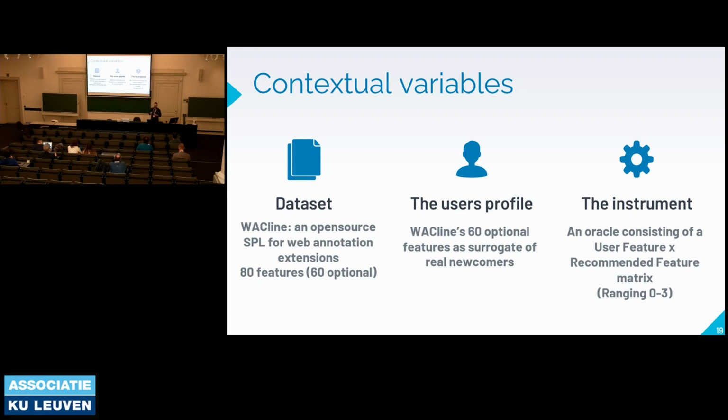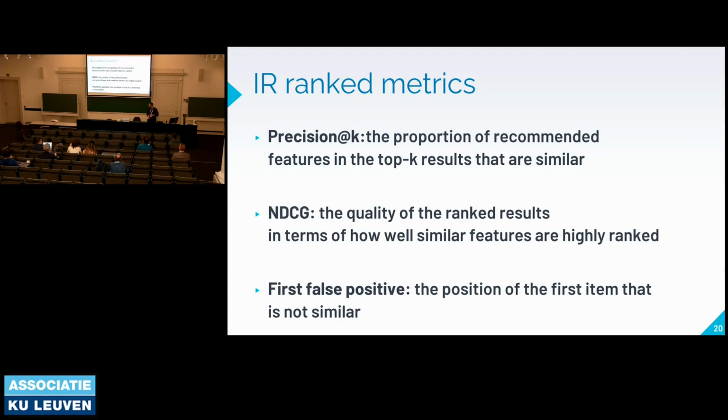So we resorted to 3 information retrieval ranked metrics as a way to measure its performance. Concretely, we used precision at K, normalized discounted cumulative gain, and the first false positive. Precision at K refers to the proportion of recommended features or items in the top K results that are rated as similar in the oracle.